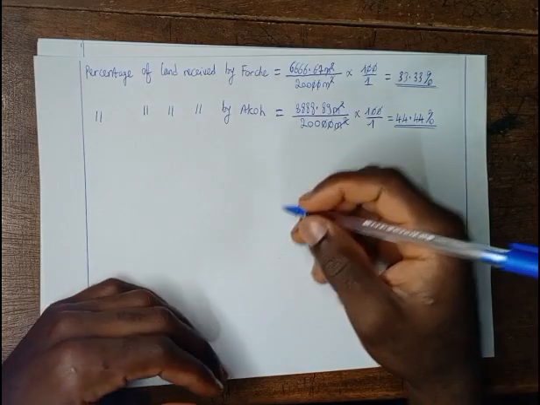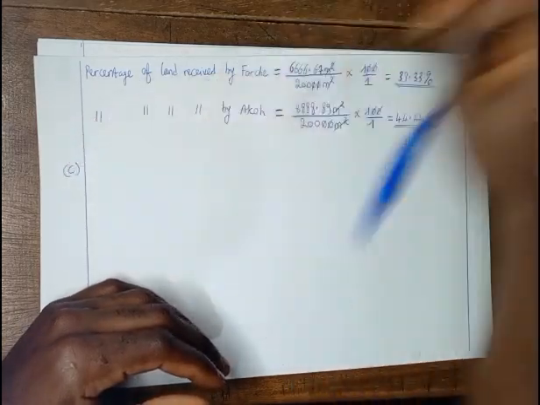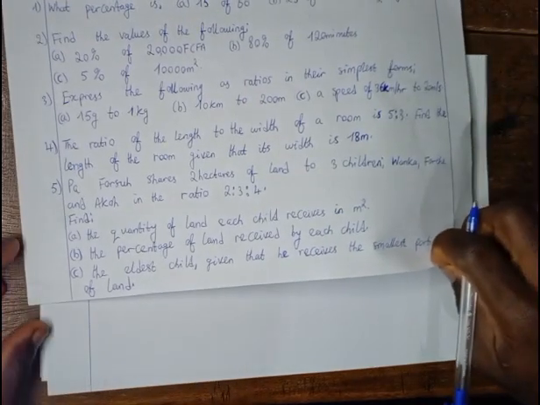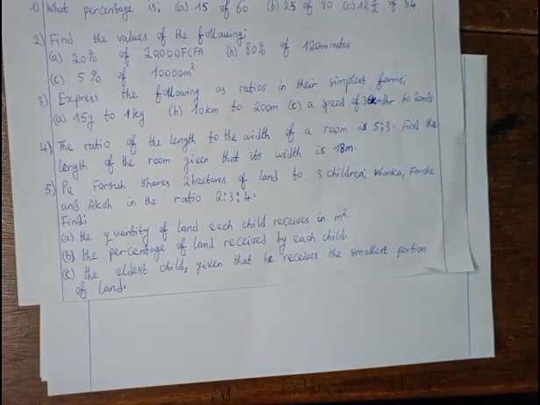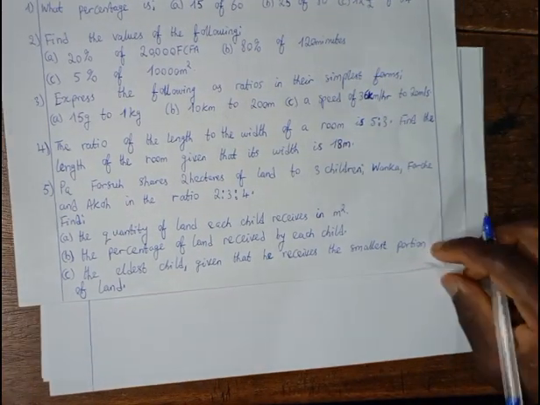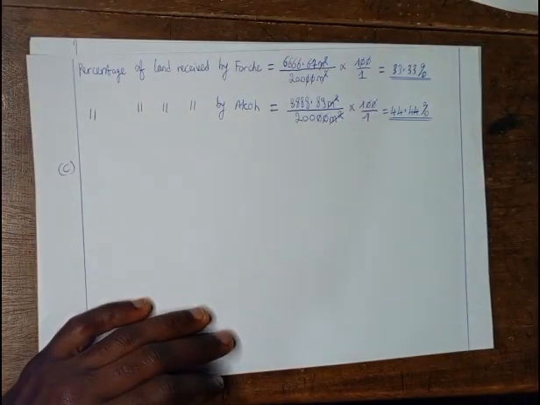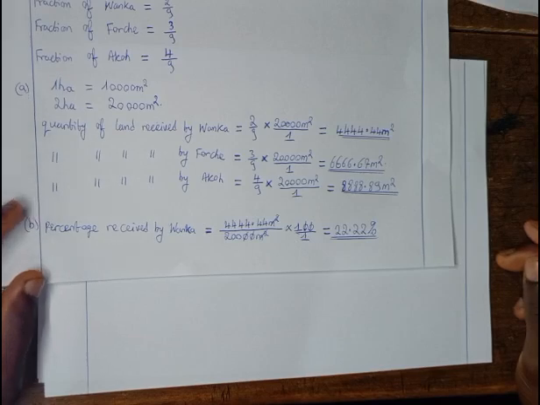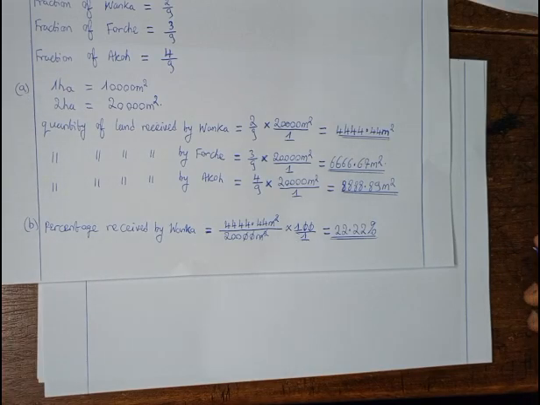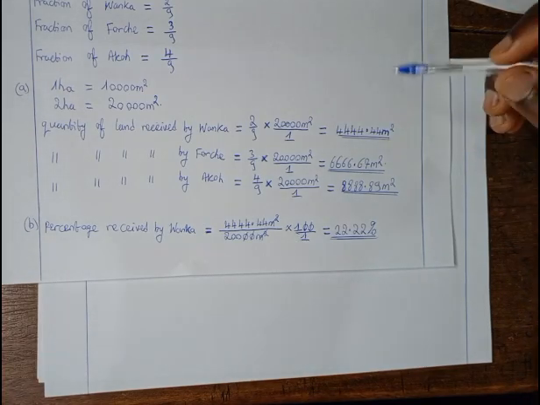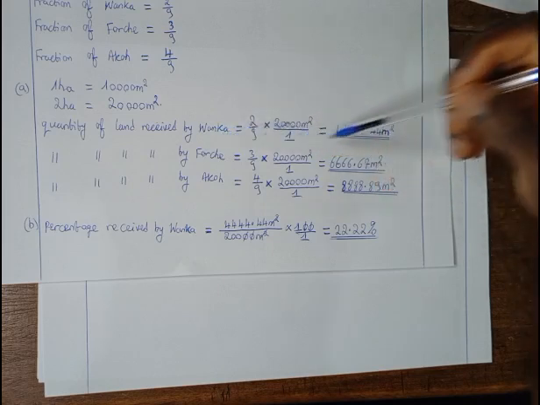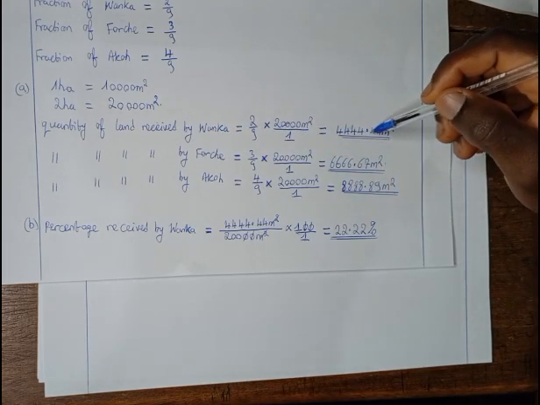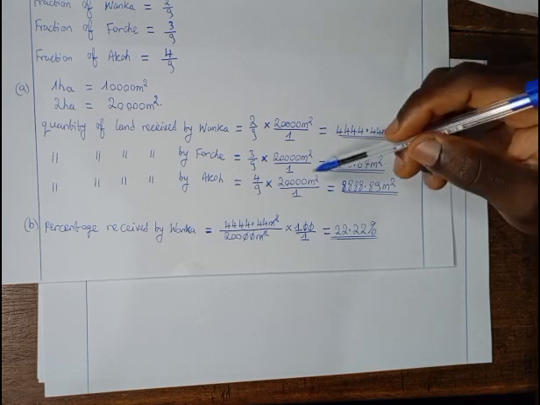And we go now to the last question, C. Question C says the eldest child. We have to find the eldest child given that he receives the smallest portion of land. For us to get the eldest child, we are simply going to look at the quantity of land each of the three children receives. You will see that Wanka receives 4,444.44 meters squared.